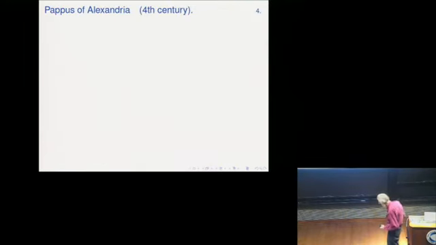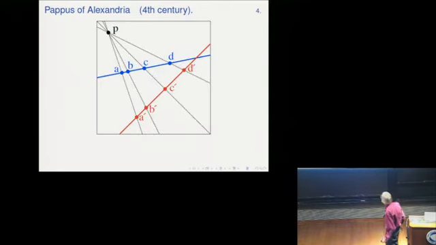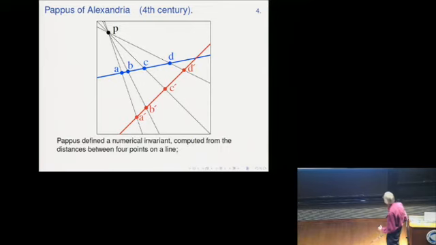Okay, well, I want to start out, since I advertised I would talk about Pappus, who lived about 1700 years ago. He constructed an invariant associated with four points along a line.